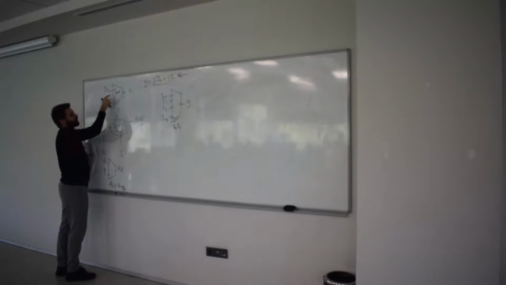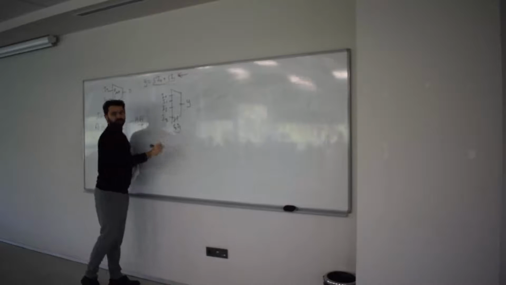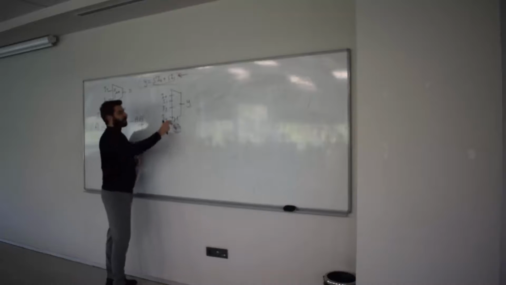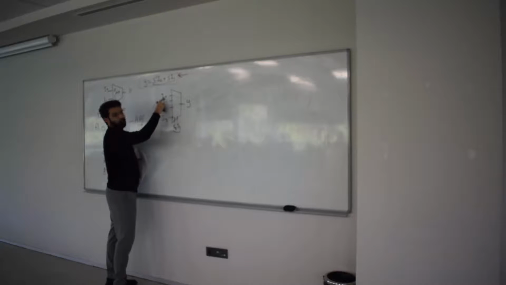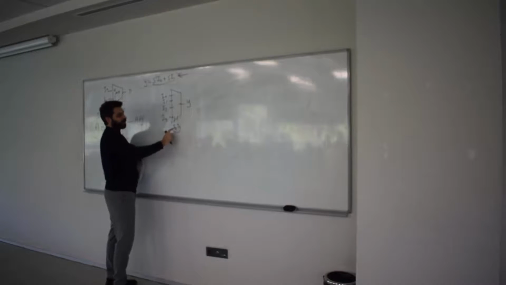So if S equals 0, then S prime would be 1, so I'm actually selecting I0 here. Applying the same logic, if I want I0 to appear at the output, then I would want S0 equals 0, S1 equals 0.